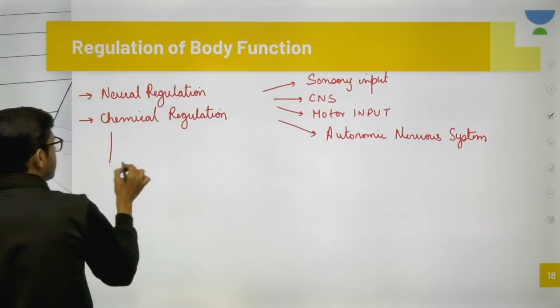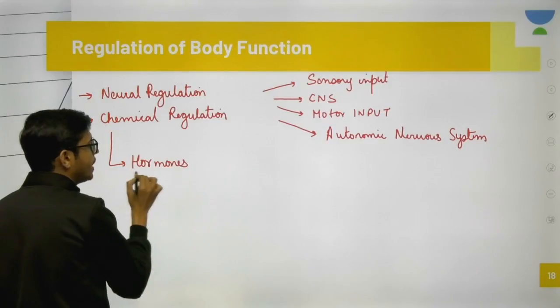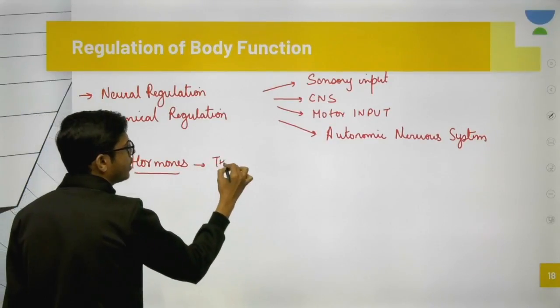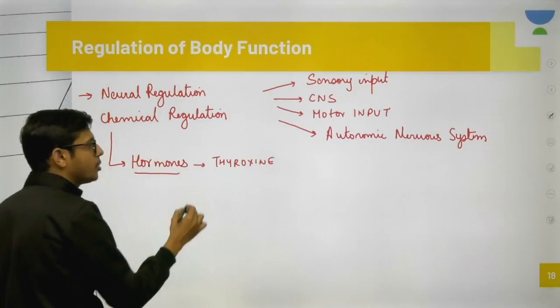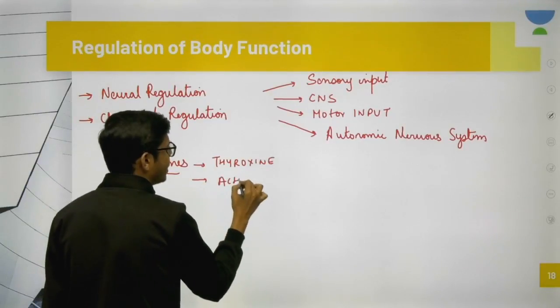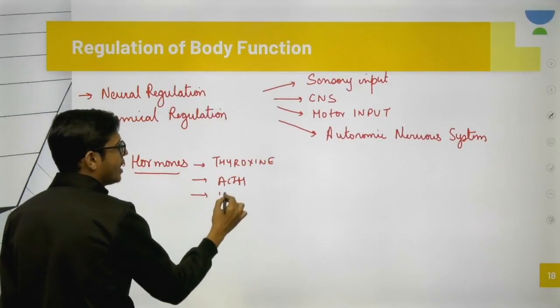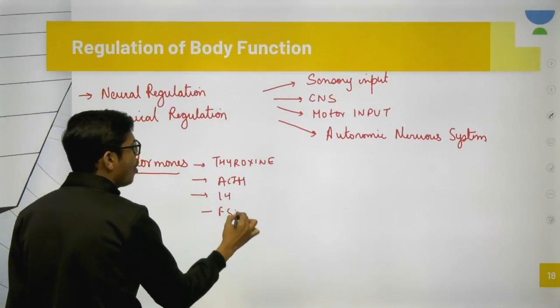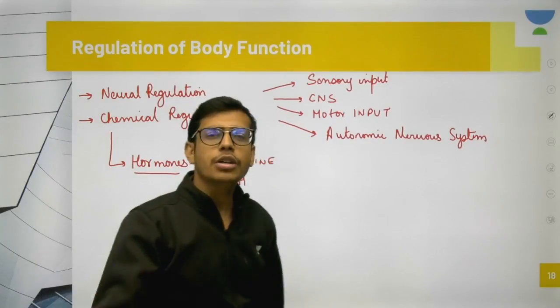Talking about chemical regulation, then we speak of hormones. Be it any hormone, thyroid gland, thyroxine, it maintains my basal metabolic rate. ACTH, adrenocorticotropic hormone, maintains ACTH levels. LH, FSH, name any hormone, it has to do with certain homeostatic control.